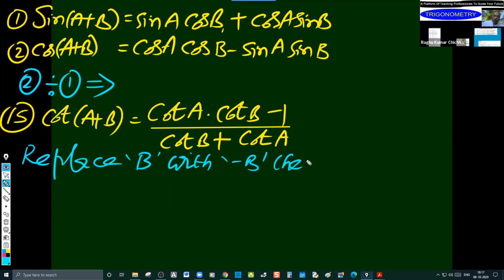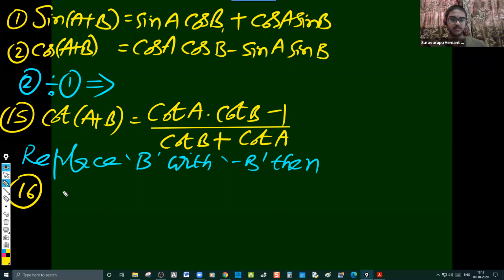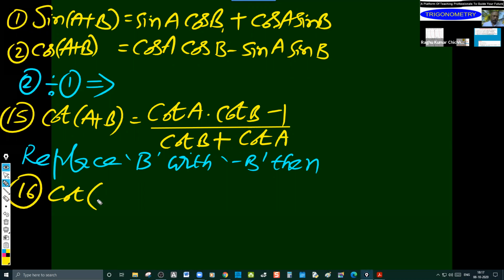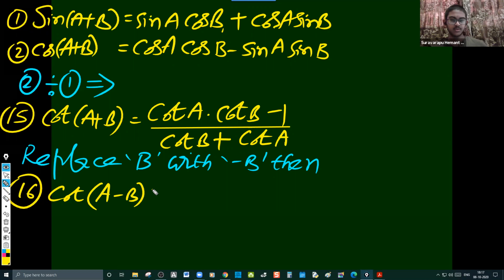Then you tell me what should be the 16th formula now. Cot of A minus B is equal to cot of A into cot of B plus 1, or 1 plus cot A cot B.